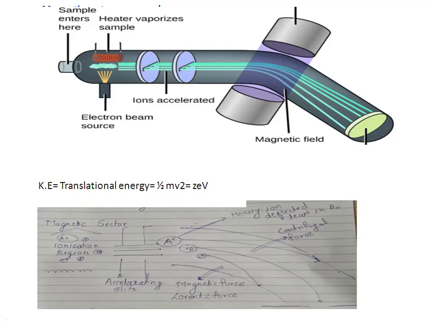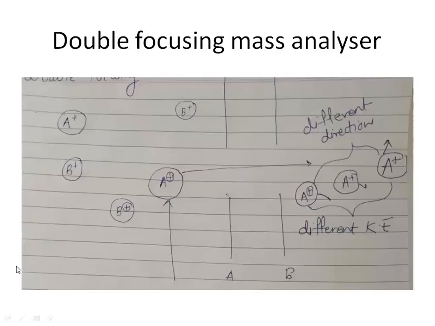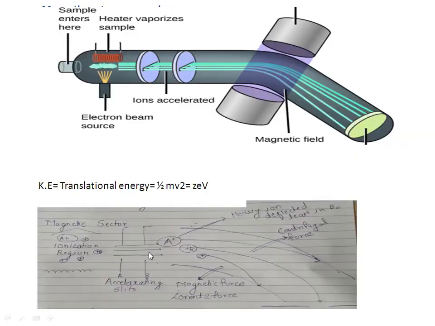The curvature of this path, which is given by R, depends upon the mass of the ion. If the mass of the ion is higher, it will be deflected less. Here A is the heavier ion and hence it is deflected least, while C is the lightest ion and hence it is deflected most. Both of these ions are lost in the analyzer itself, while B with a medium mass makes its journey to the detector.